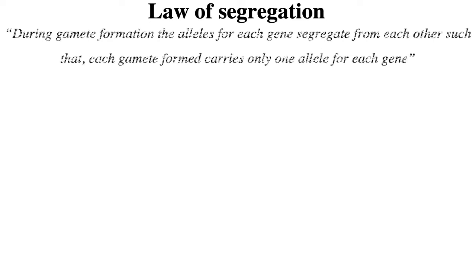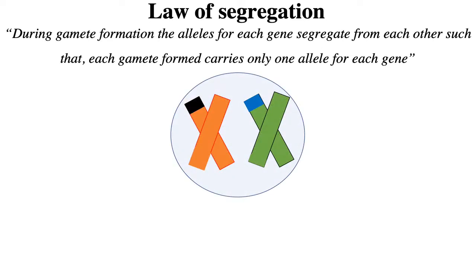Let us take a simple example. We have a single cell having two chromosomes in it. These chromosomes have a set of genes, a capital T and a lowercase t. The capital T represents a tall plant, and the lowercase t represents a short plant in an individual.